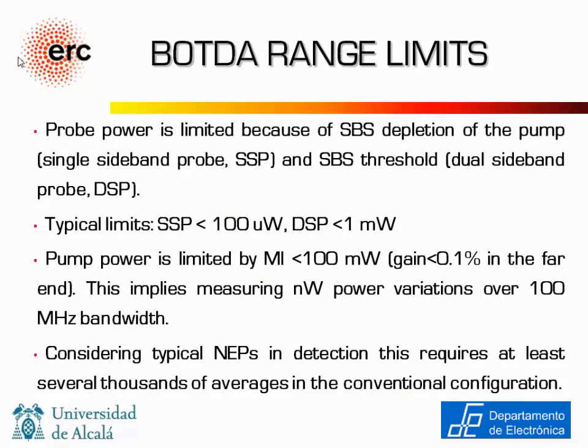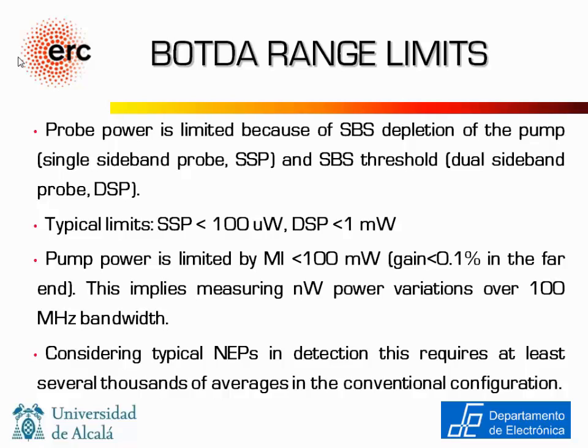Now, if we plug figures into the previous expressions and ask how far can we go with a typical configuration? As mentioned before, the probe power is limited by SBS threshold. Pump power is limited by modulation instability.